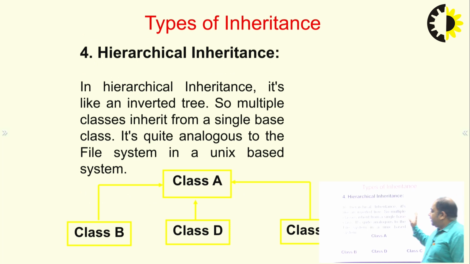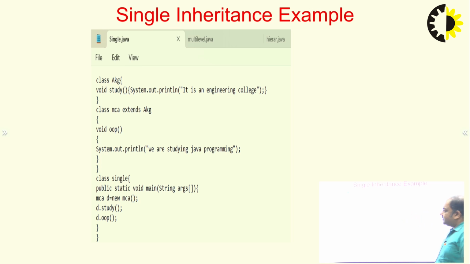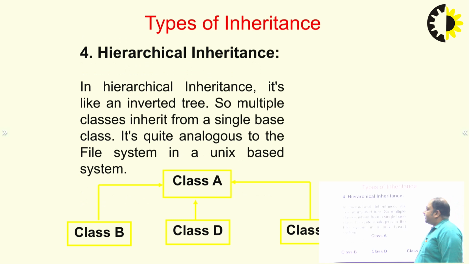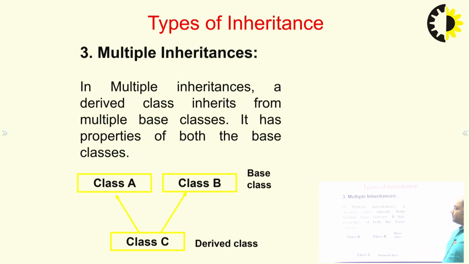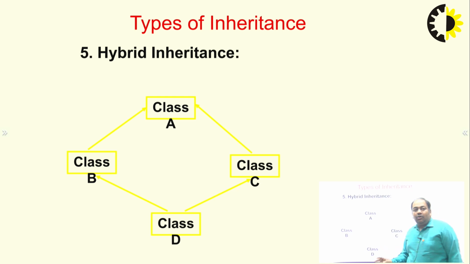I hope through these programs it is clear what these three types of inheritance are doing. The programs of two types of inheritance are not here. One is multiple inheritance, because multiple inheritance is not directly achieved in Java; it can be achieved through interfaces. The other program I have not created is hybrid inheritance, because hybrid inheritance is the combination of single inheritance and multiple inheritance.